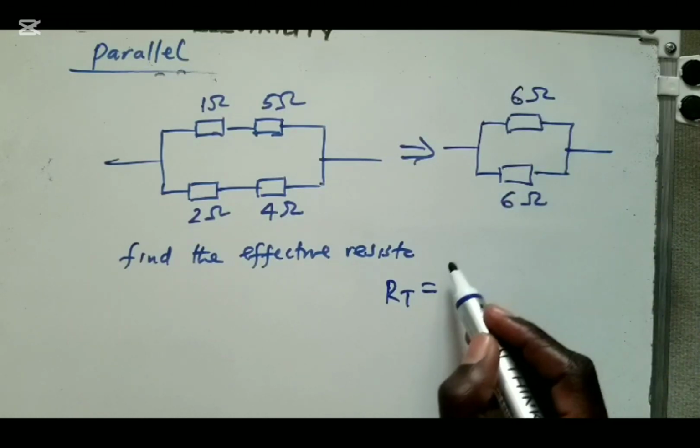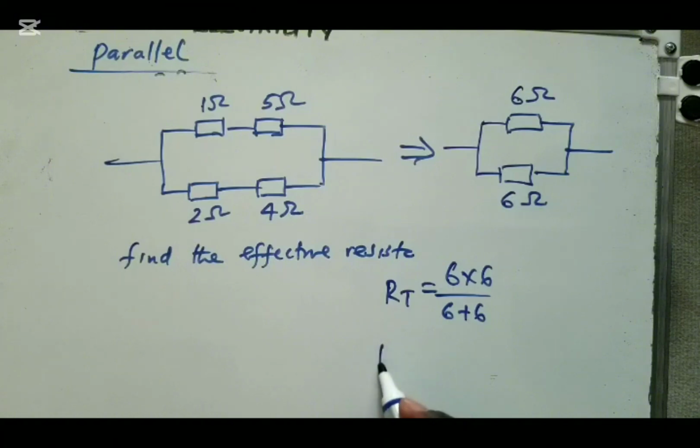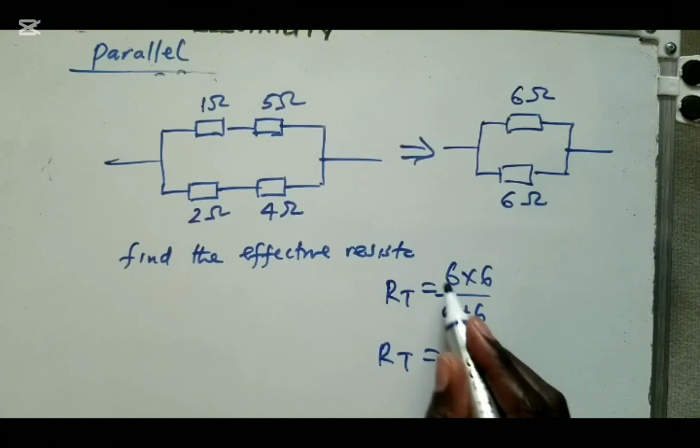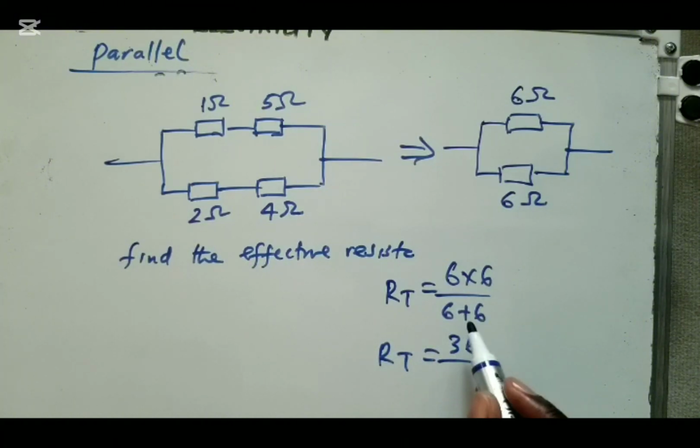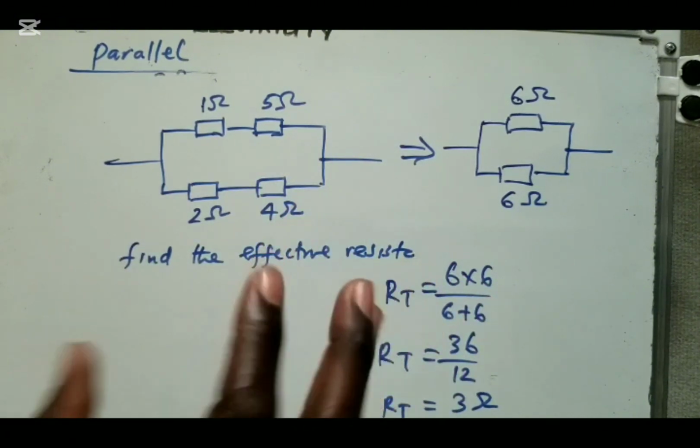How? We multiply 6 times 6 divided by 6 plus 6. So R total is 6 times 6, which is 36, over 6 plus 6, which is 12, and hence our total is going to be 3 ohms. So you see, you don't need to struggle, and that's the key that you need to remember.